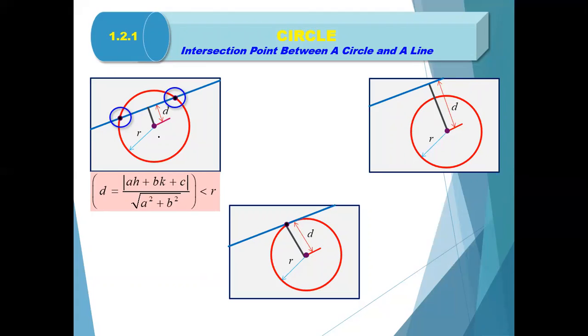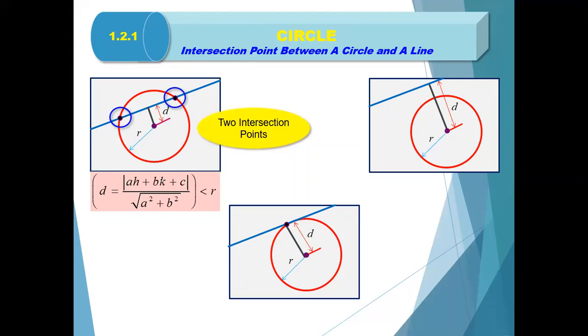Alright, so two intersection points. When the line cuts the circle in this way, we use the same D. There are two, right? One D and the other D. And then another one where we have a circle and a line.